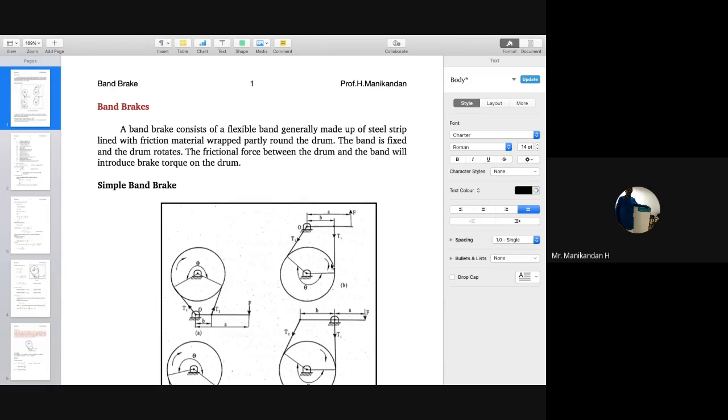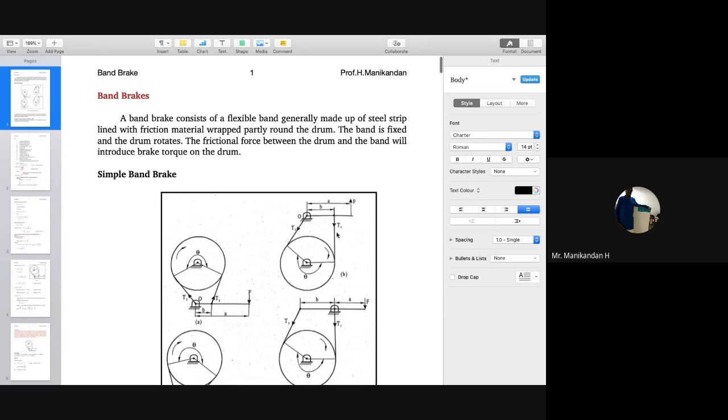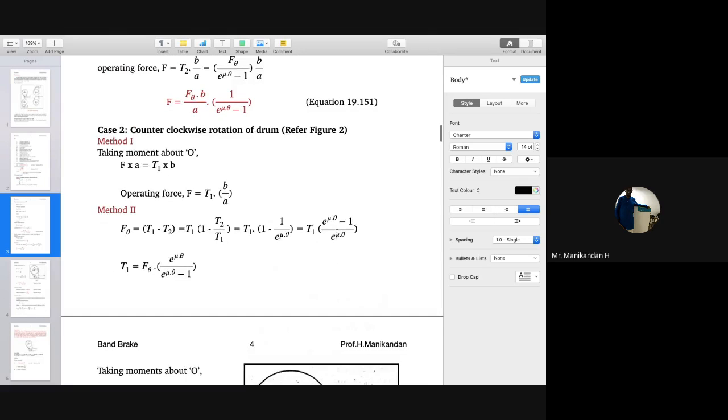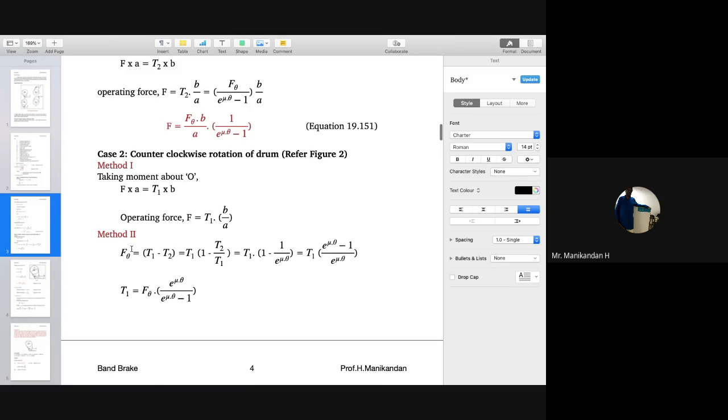In figure B you can refer, F into a is equal to T1 into b. This b is the vertical distance between the fulcrum and T1. So we can find out F is equal to T1 into b by a.